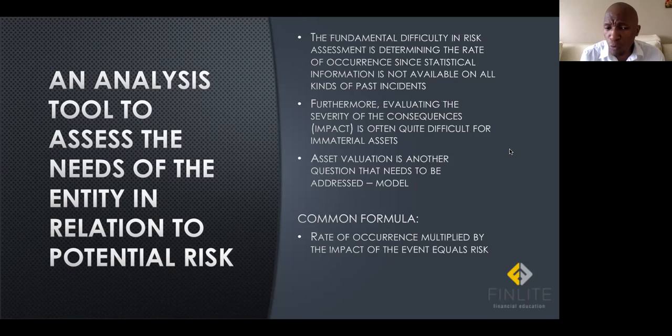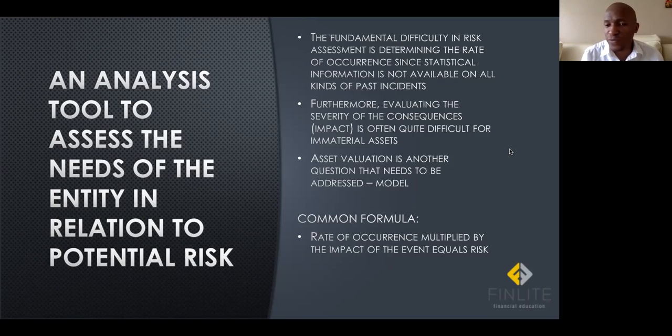The common formula that is used for risk assessment is the rate of occurrence multiplied by the impact of the event equals risk. So the higher the likelihood of this occurring and the impact that it might have, the higher the risk.